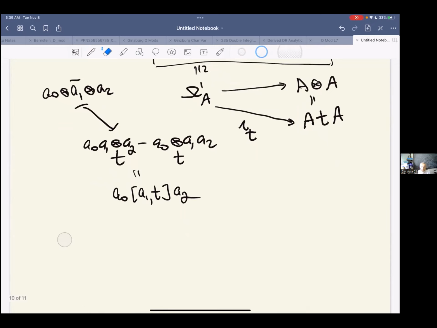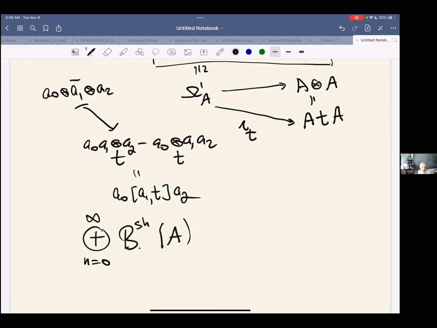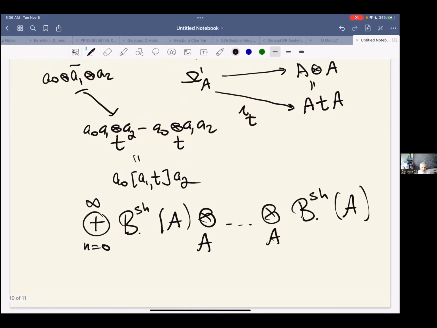But then I... Then I have this, and this is by definition my extended forms, and then, well, the de Rham complex is the commutator of that.